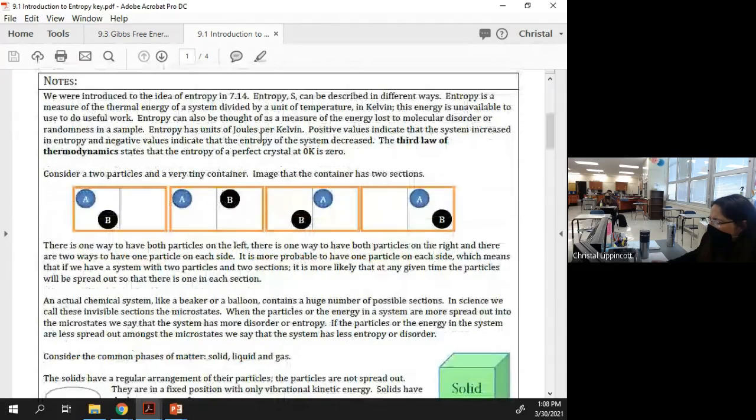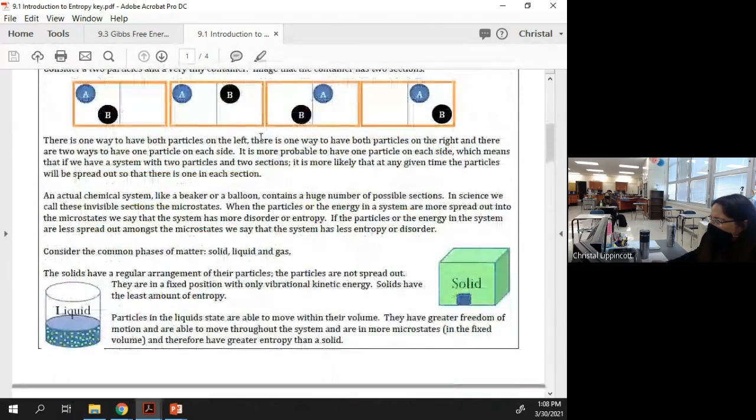But this has some good information on it. About entropy, it talks about it in a slightly different way than I did yesterday. When particles or energy in the system are more spread out into the microstates, we say that the system has more disorder, or entropy. If the particles or energy in the system are less spread out, that would be less entropy. That makes sense, right?